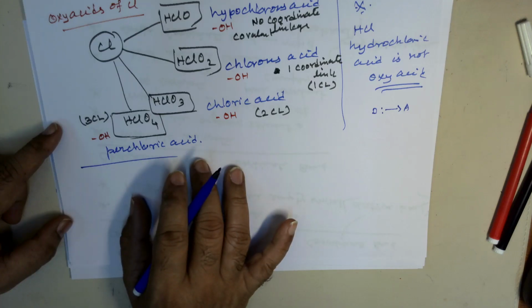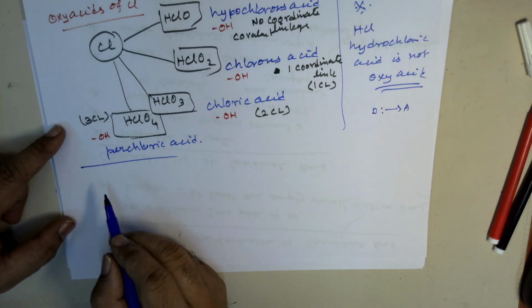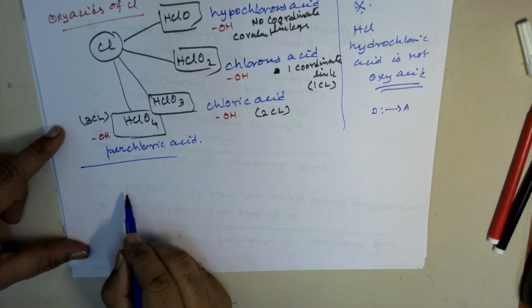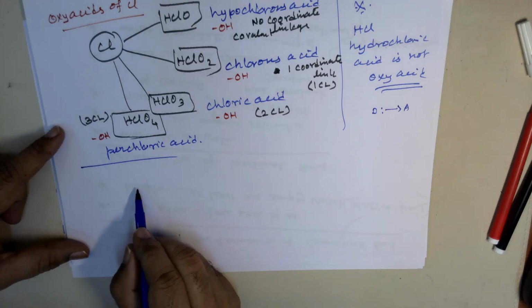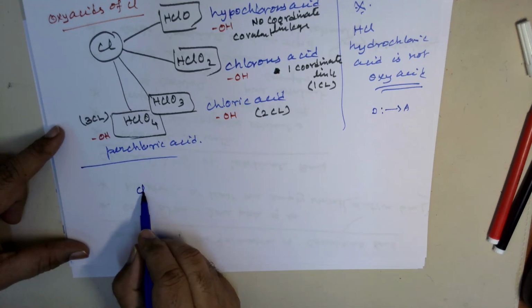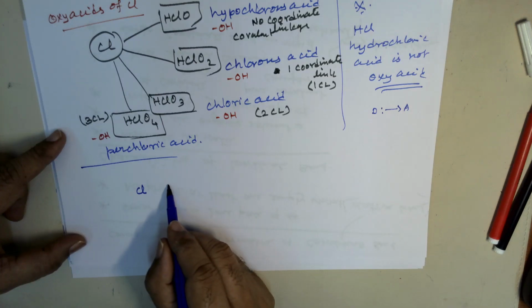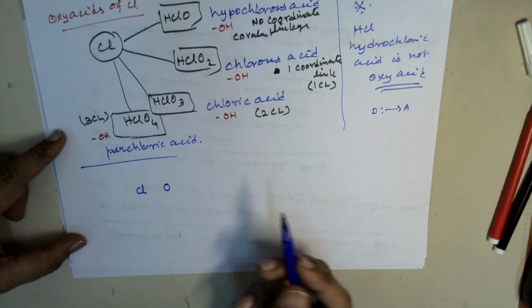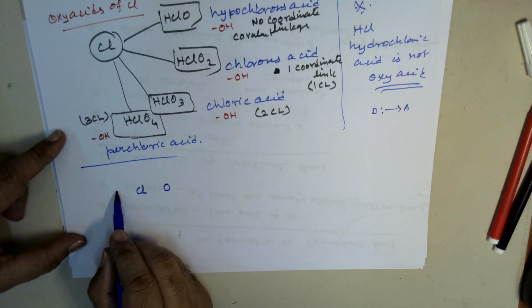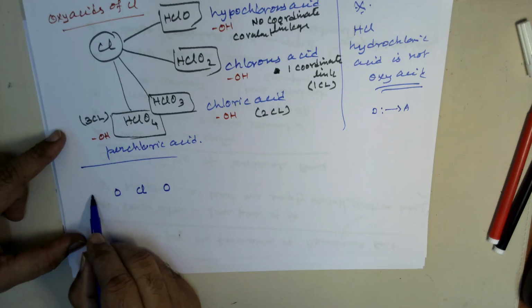I'm trying to explain. Please wait. Now you have the central chlorine atom. Take down central chlorine atom and put the oxygen here. Follow me closely. Then another oxygen, and that is tied up with the hydrogen.